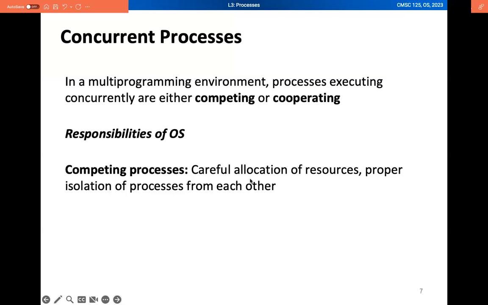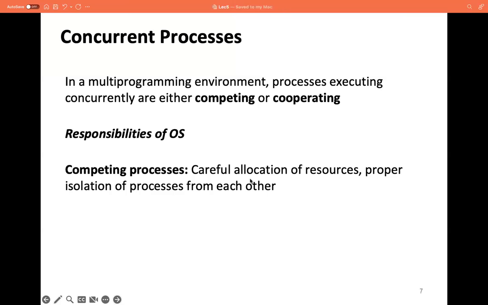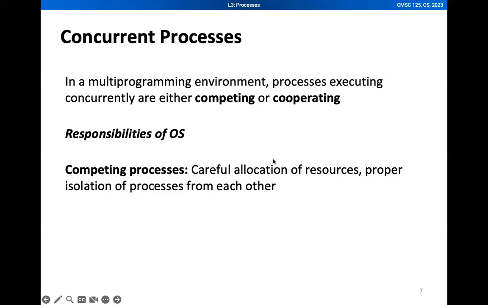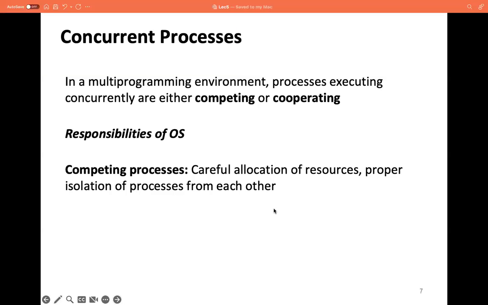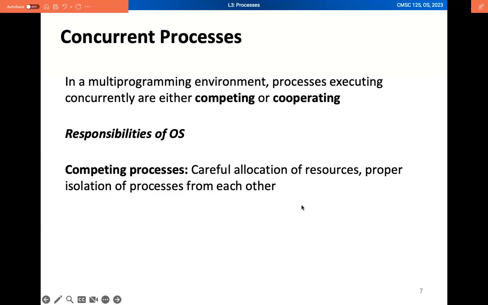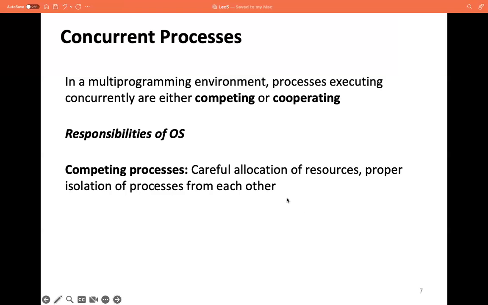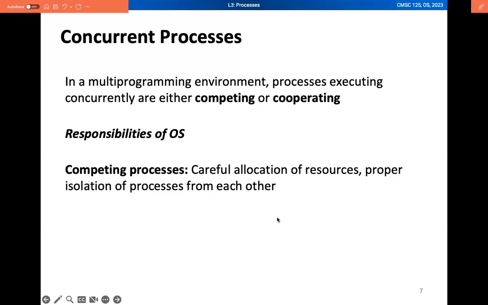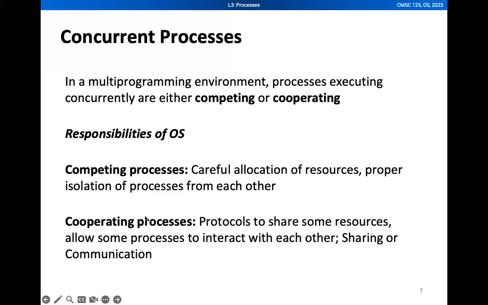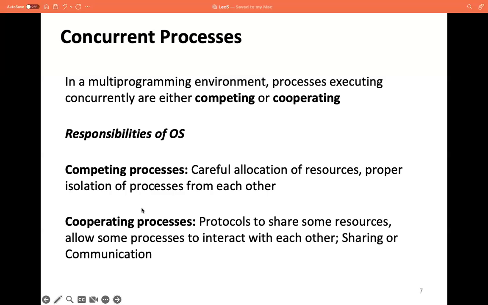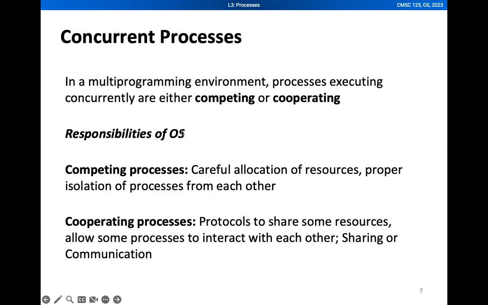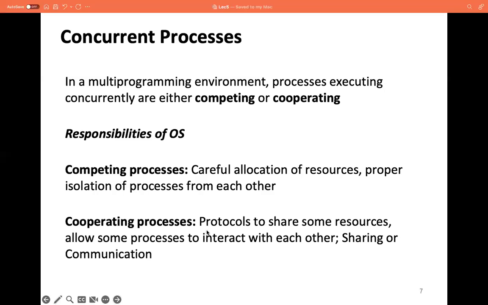We make sure that each of these independent processes will be able to use the CPU as they need, efficiently and without much waiting. For cooperating processes, the job of the OS is to allow some processes to interact with each other.